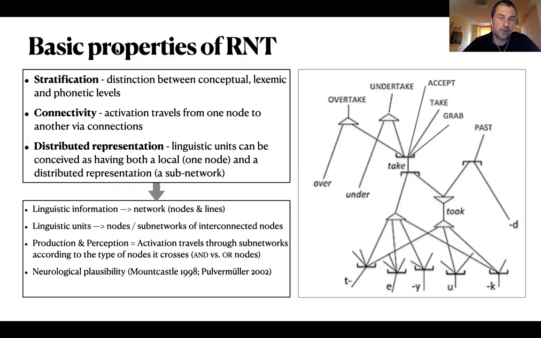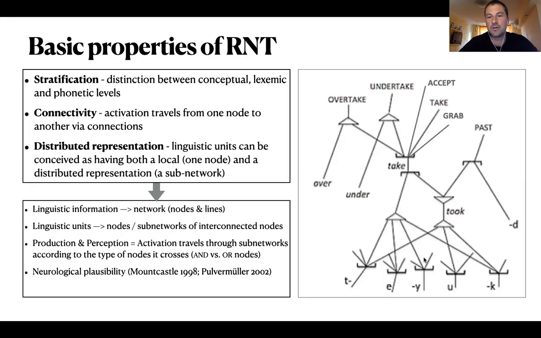So these properties of the model lead us to this picture where linguistic information is conceived as being a network. Linguistic units have no existence besides their purely relational nature.